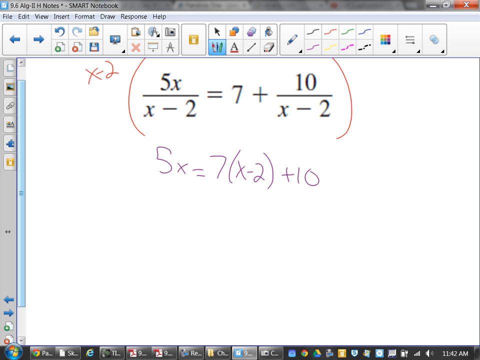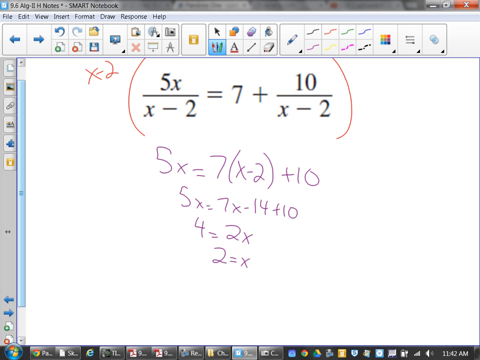So now when I do this, I get 5x equals 7x minus 14 plus 10. Moving stuff around, you get 4 is 2x, so 2 is x. Go back and look at your problem then. Can 2 work?